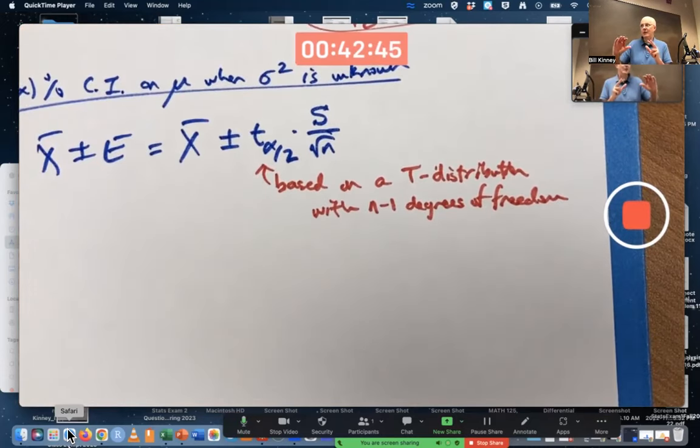I hinted that the reason was that in the formula for S squared, we effectively replaced mu with x bar. I don't know if you remember that, if you can visualize what the formula looks like in your head. Don't worry about it. That's just what it's called.